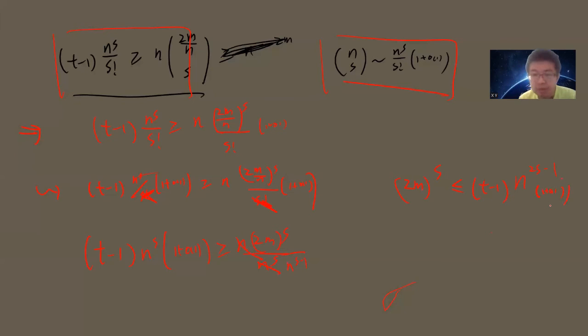Now solve it. You get m equal to some constant c, which you don't care about because it only depends on s and t, times n^(2 minus 1/s) plus o(1).